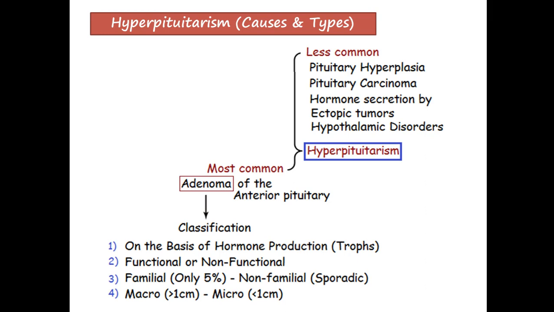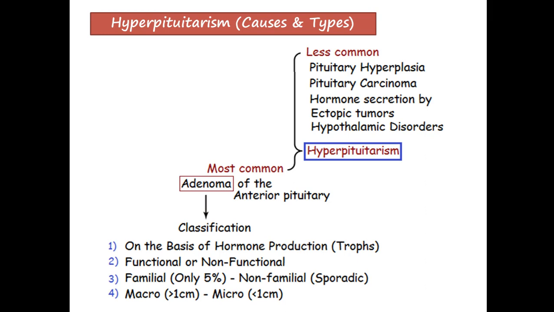And rarely, disorders of the hypothalamus, particularly those seen in head injuries, tumors of the brain and other conditions associated with abnormalities in the brain and hypothalamus, may be the cause of hyperpituitarism due to increased secretion of the releasing factors by the hypothalamus.